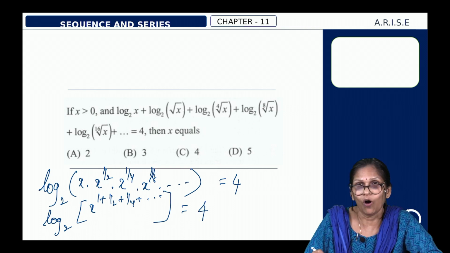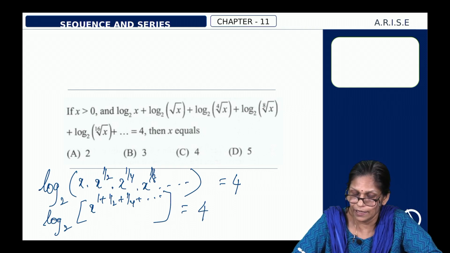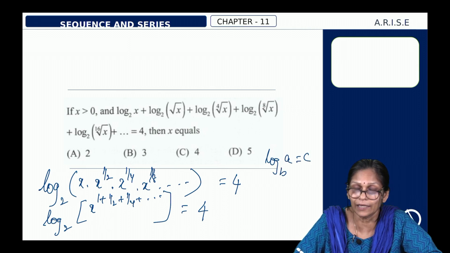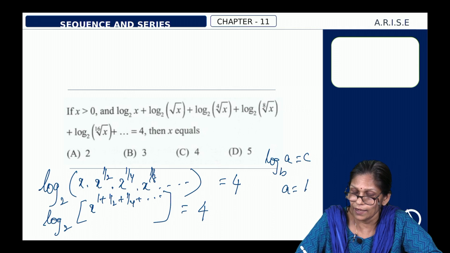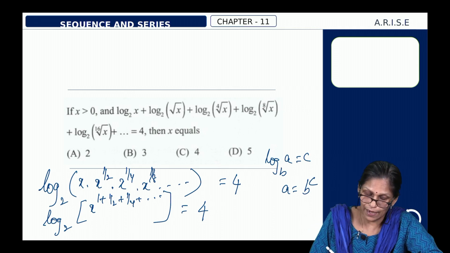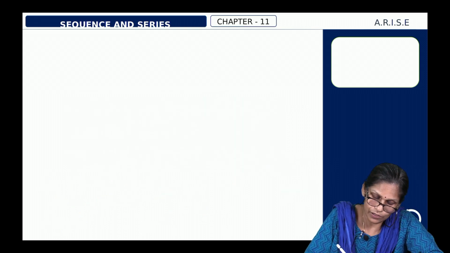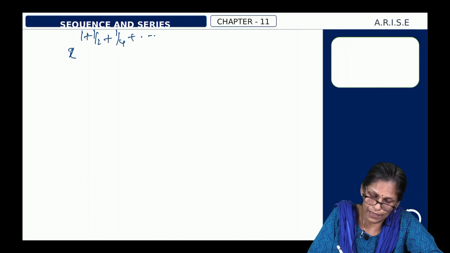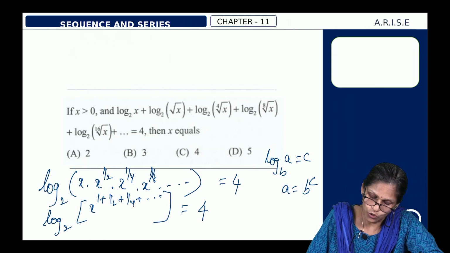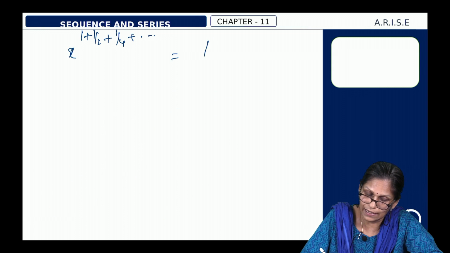So log of a to the base b is c means what? By the definition of logarithms, a is b raised to c. Same way, 2 raised to 4: x raised to 1 plus 1 by 2 plus 1 by 4 plus etc. is 2 raised to 4, that is 16.